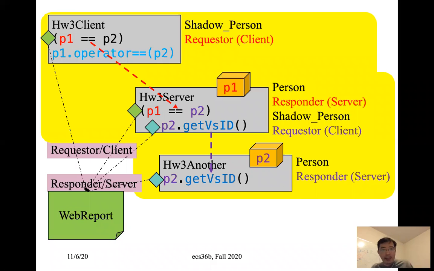Okay, hopefully by illustrating this, it gives you a clearer view about how to decide which is a client and which is a server. Sometimes it really depends on what the services are, who is requesting, and who is responding.